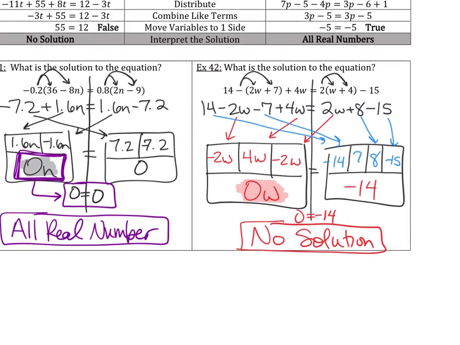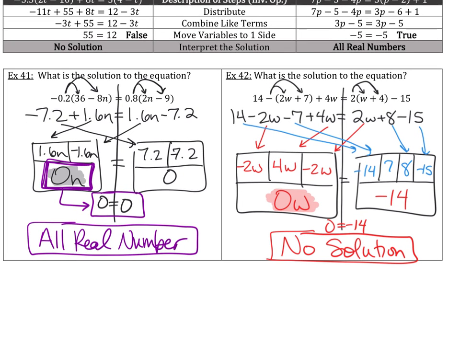There are going to be problems maybe 99% of the time that have an actual solution. Then there's 1% of problems that'll be like these. All I need you to be aware of, number 1, is how to solve with the box method, because that's all I've done. They're just complicated. But if you get 0n, or 0w, or 0 something, you have to know it's a special solution.